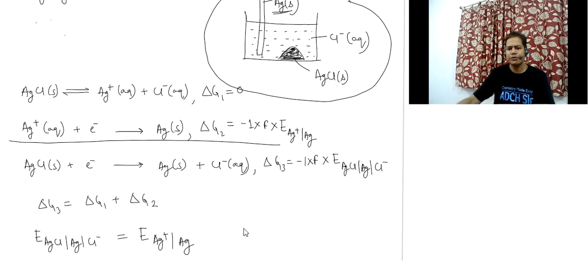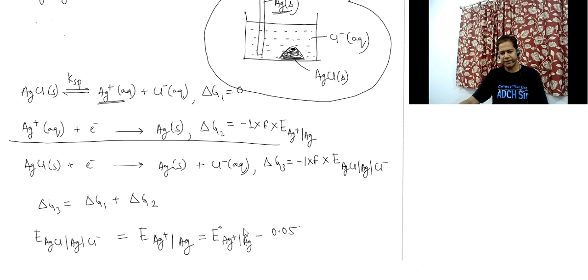But in this solution, the concentration of Ag+ ions will be controlled by the Ksp equilibrium, the solubility equilibrium of AgCl. From the Nernst equation, we can write E of Ag+ to Ag is equal to E naught of Ag+ to Ag minus 0.059 upon n, n value is 1.